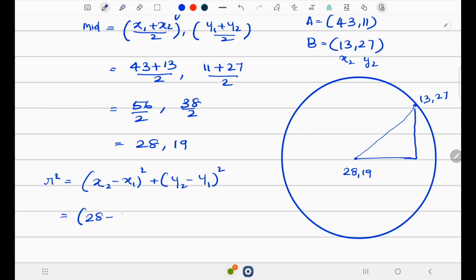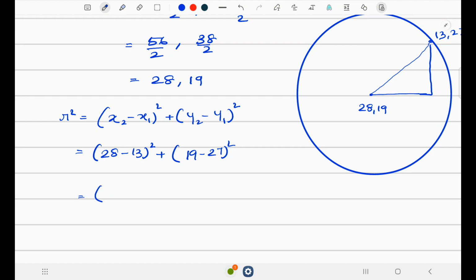So 28 minus 13 the whole square plus 19 minus 27 the whole square, which equals 28 minus 13 equals 15, the whole square, plus 19 minus 27 equals minus 8, the whole square. 15 square equals 225 and 8 squared is 64, the minus will become positive, so we get 289, which is r square.